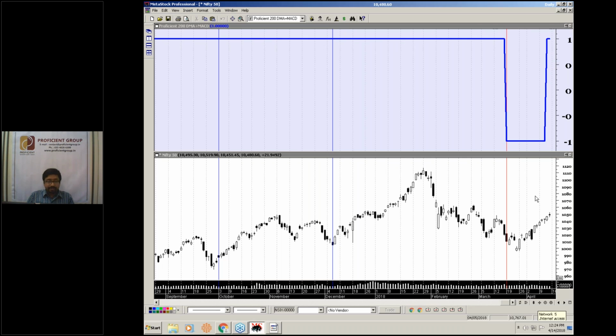The objective was to create a trend indicator which will be robust, which will not change its signal very frequently, and which will be able to withstand the pullbacks of the markets, and which will keep us in the primary direction of the trend for a pretty long time.